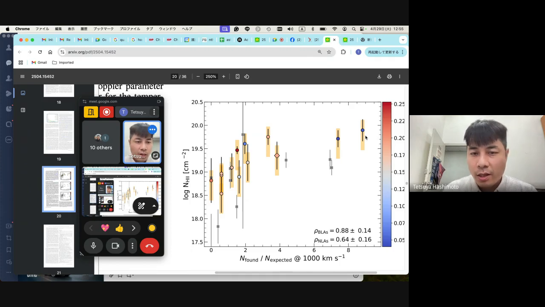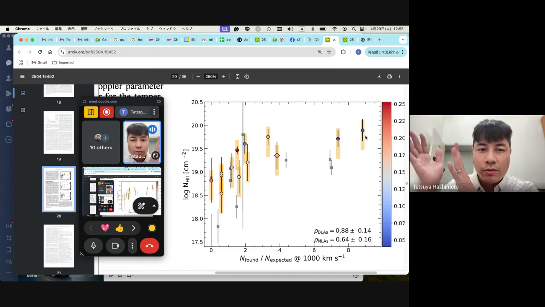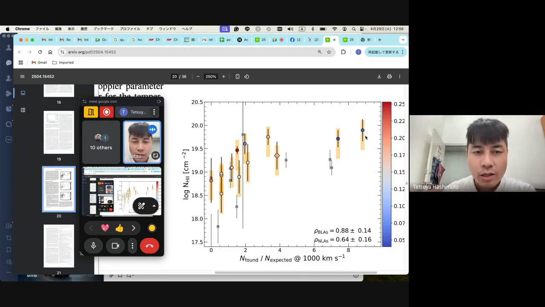So that means if you look at high galaxy number density environments, then you have more baryons in maybe intergalactic space or intra-cluster regions. So this is probably another way to present baryon distribution in intergalactic space. So I think that's all from this paper.